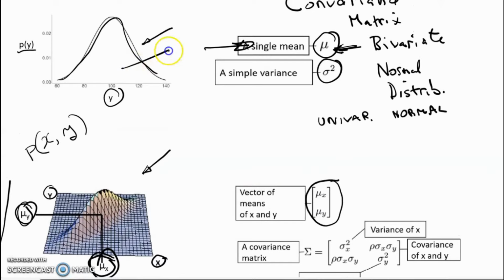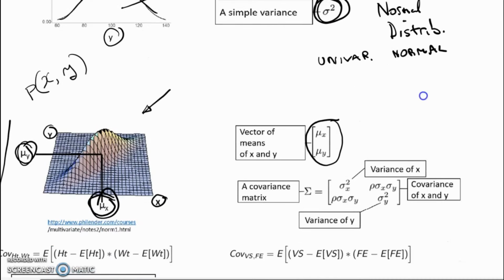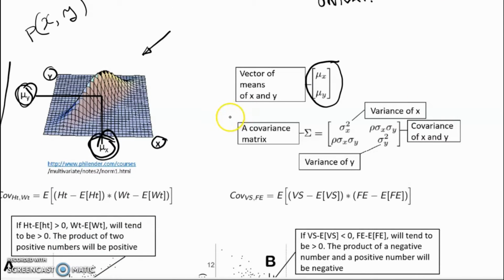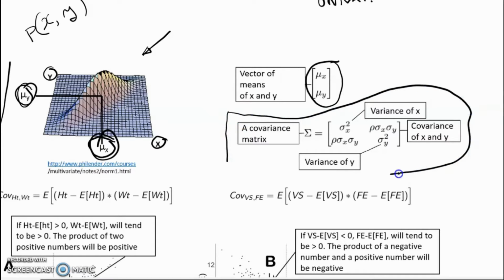Now, with a univariate, we have a rather simple way to measure variability, and that's with variance. With a bivariate normal, it gets a lot more complicated. This is the covariance matrix, and that's really the subject of this video.